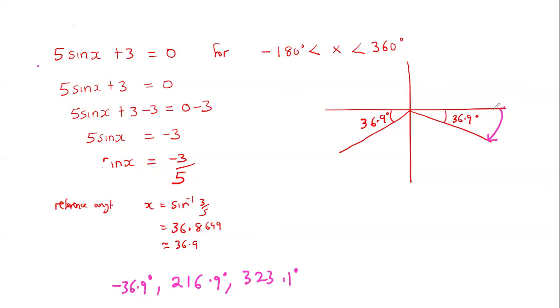Then we also move from 0 clockwise up to this angle, and we get negative 143.1. Okay. Thank you, Alison.